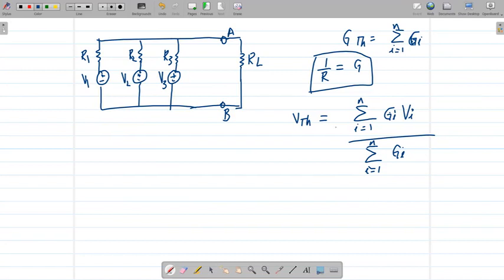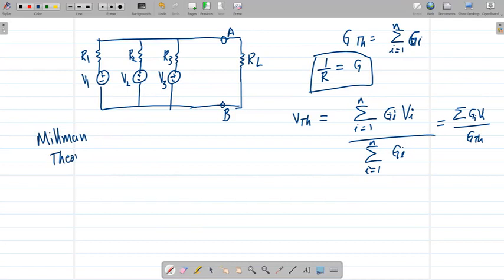So if I calculate G Thevenin, we don't always need to write i is 1 to n if your understanding of what's going on is clear, and the denominator is G Thevenin. So this is called Millman theorem. It's basically nothing special.